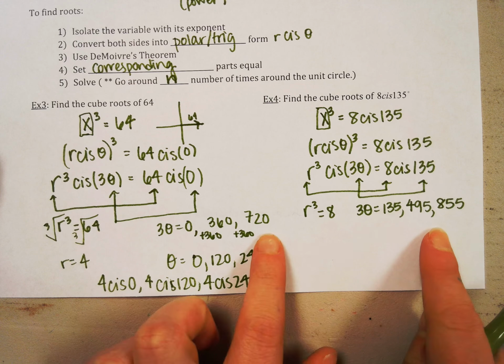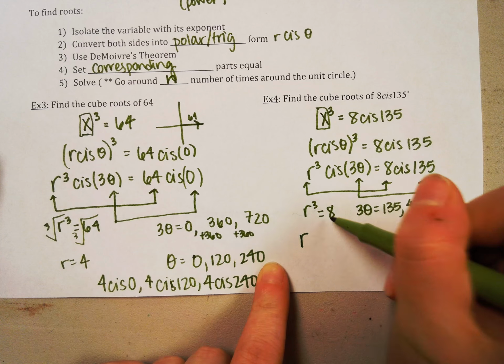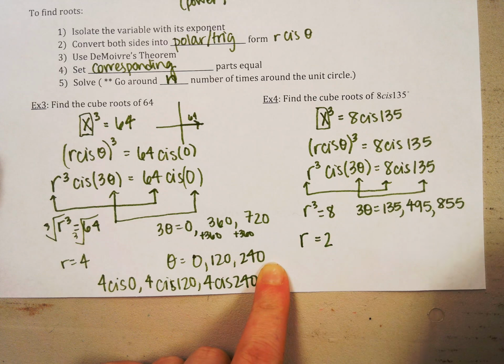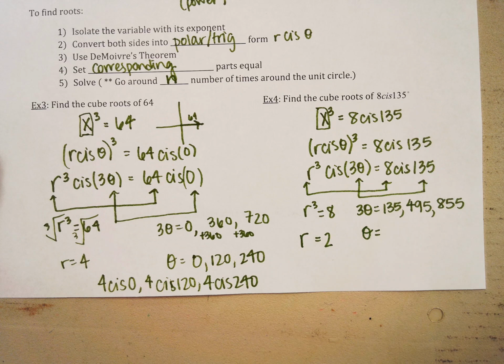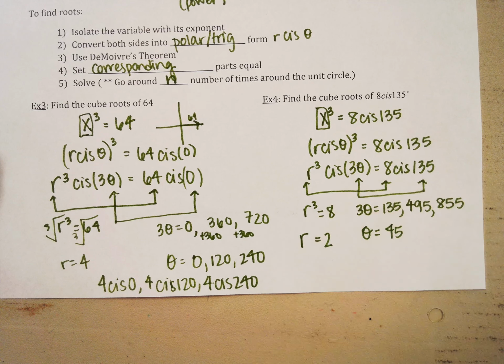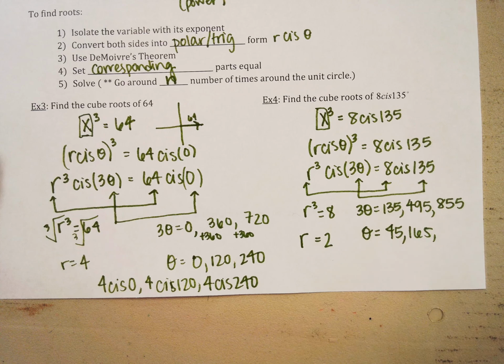And then we solve these both, this one for r and this one for theta. So when I take the cubed root of 8, I'll get 2. When I divide all these things by 3, 135 divided by 3, I get 45. The second one, 495 divided by 3, I get 165. And then 855 divided by 3 is 285.